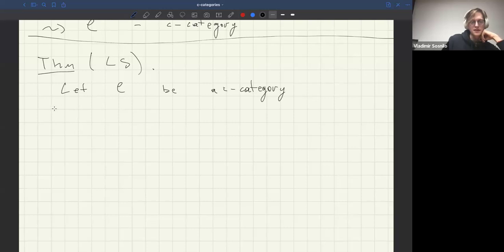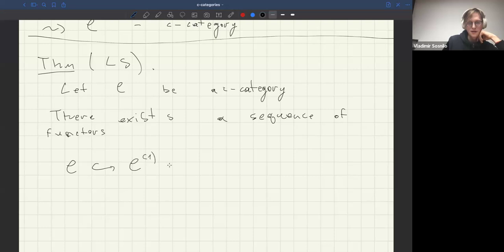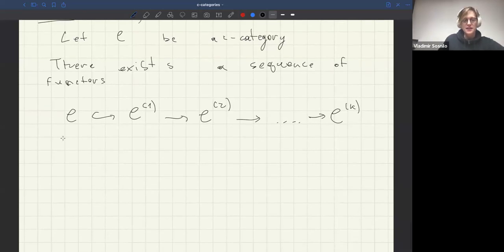In this case, there exists a sequence of functors, these are not fully faithful, I'm sorry, such that each functor in the diagram is the composite of a localization functor and a fully faithful embedding. And it's a localization, and it's exact.